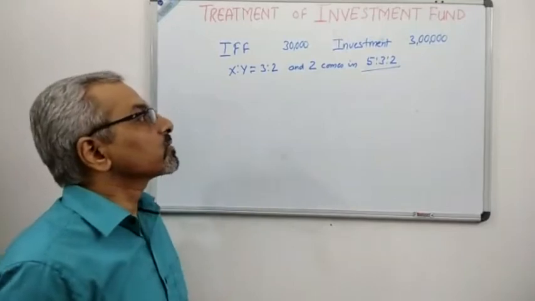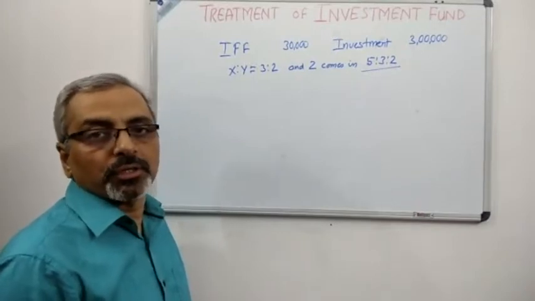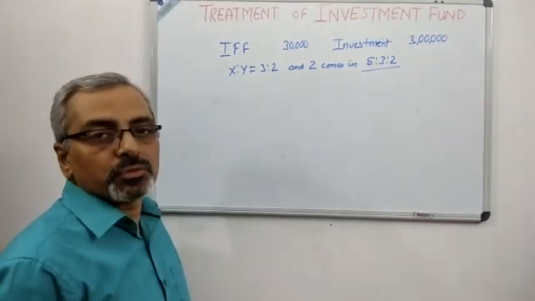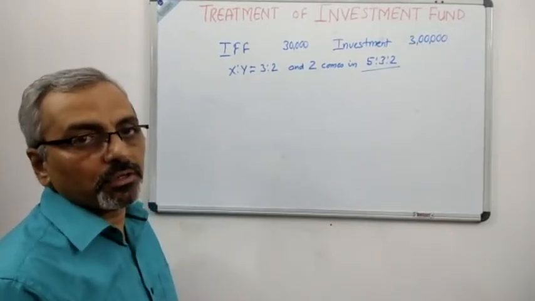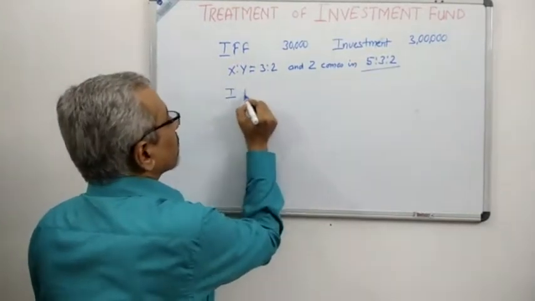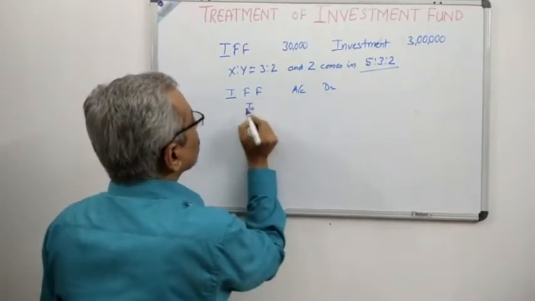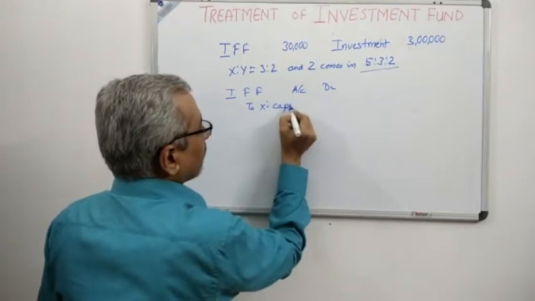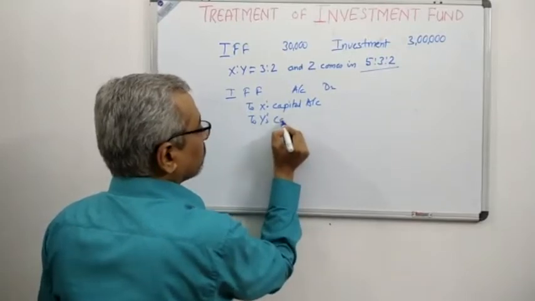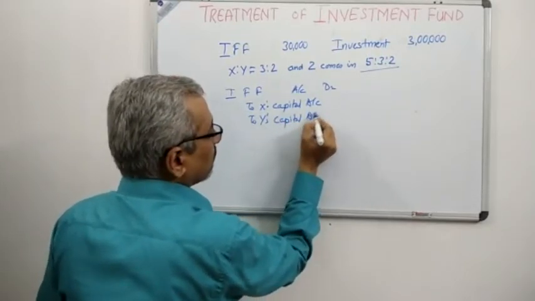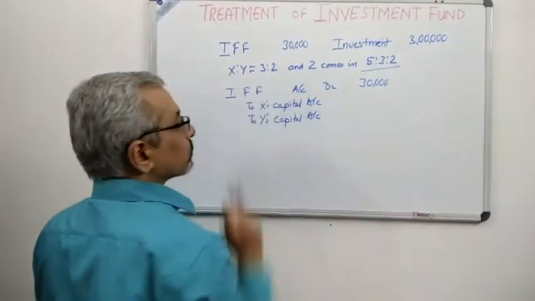Now you can see there is an investment of 3 lakh and there is an investment fluctuation fund of 30,000, and there is no other information given in the question. In such a case, this investment fluctuation fund will be distributed among X and Y in the ratio of 3:2, and the journal entry will be investment fluctuation fund account debit to X's capital account and Y's capital account, and 30,000 will be divided in the ratio of 3:2.